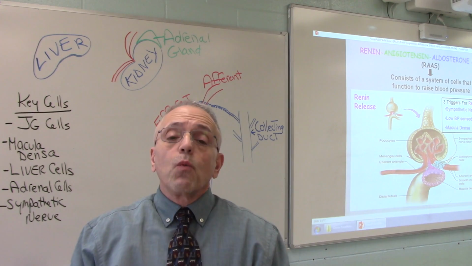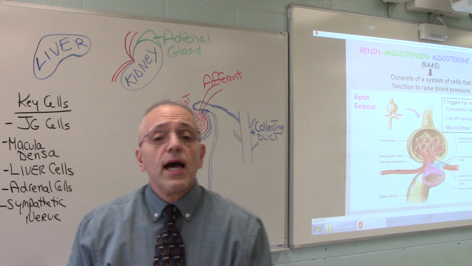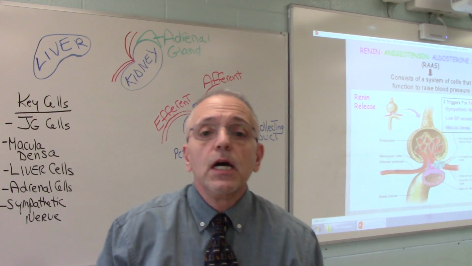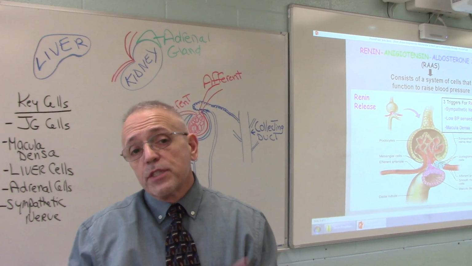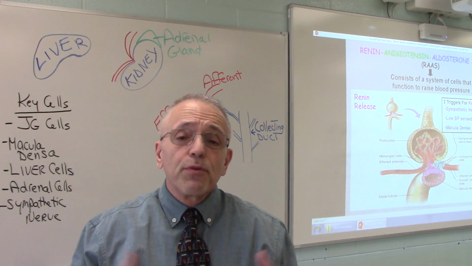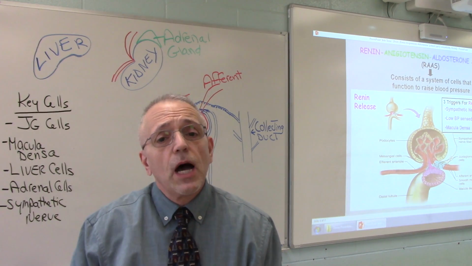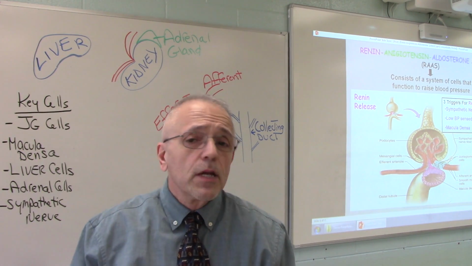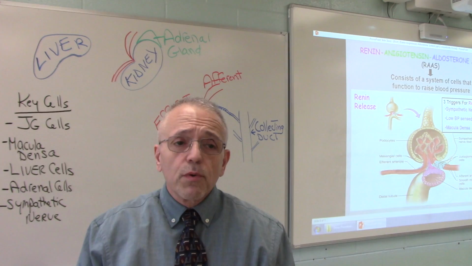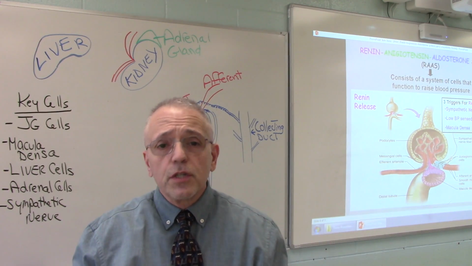If you are watching this video, you should already have a fairly good understanding of the renal anatomy, in other words, the anatomy of the kidneys, and pretty much how the filtration system operates. So keep that in mind if you're viewing this video. You should already have a good understanding. You should have studied the urinary system.